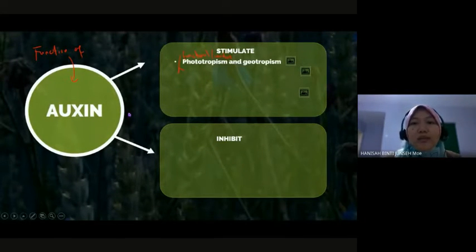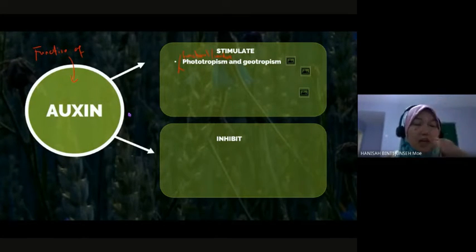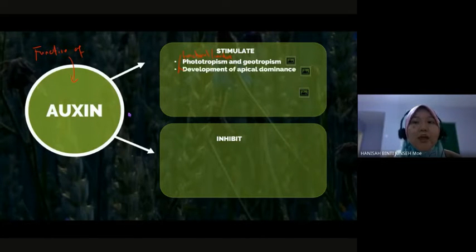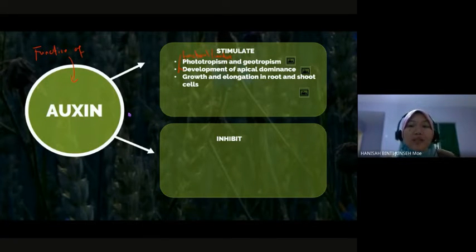So we already covered that auxin is involved in phototropism, geotropism, and helps to stimulate the development of apical dominance. Next, auxin also helps to stimulate the growth and elongation in root and shoot cells.